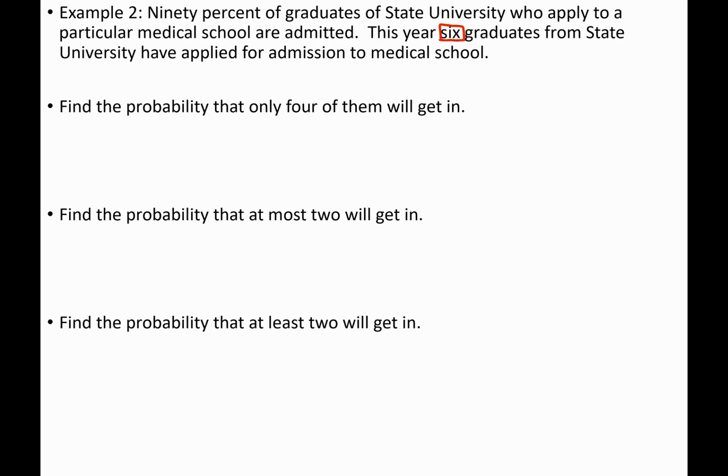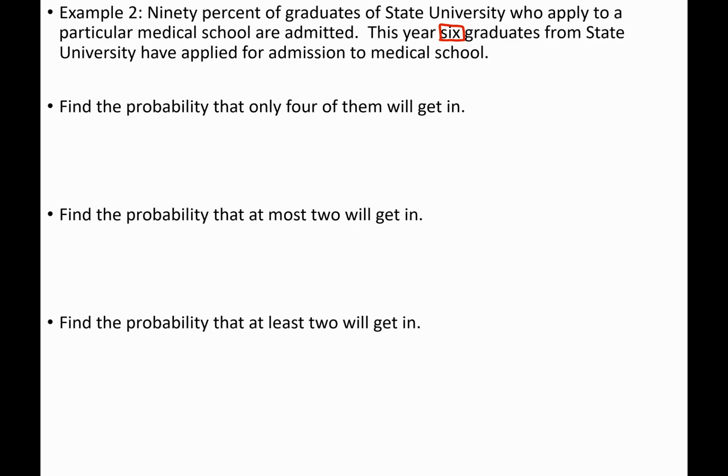Yeah, we got 6. So property 1, check. We've got 6. Property 2, is each trial independent of the others? So does the first application have any effect on the second one, or the third, or the fourth? No? So property 2 is okay.